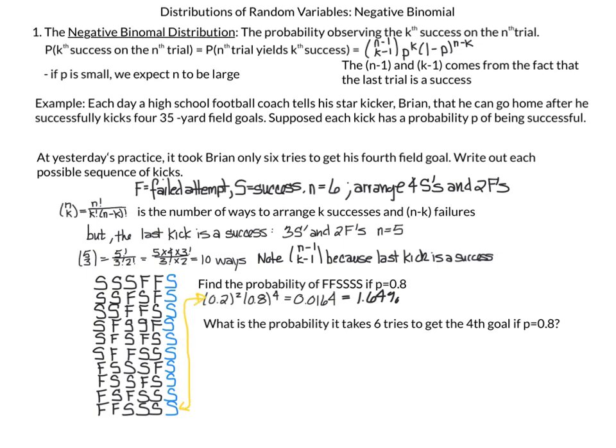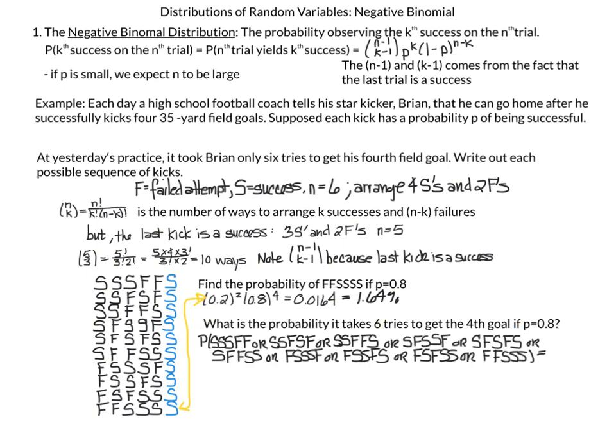Now we know the probability of this last outcome here. We want to know what is the probability it takes 6 tries to get the 4th goal if p equals 0.8. And that's the probability of our sequences of kicks, and I listed all 10 of them: success, S, S, F, F, or we could have this next possibility, a success followed by a success, followed by a failure, followed by a success, followed by a failure, and then of course our last success.